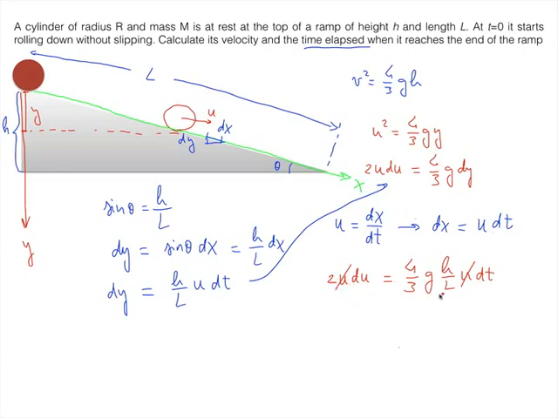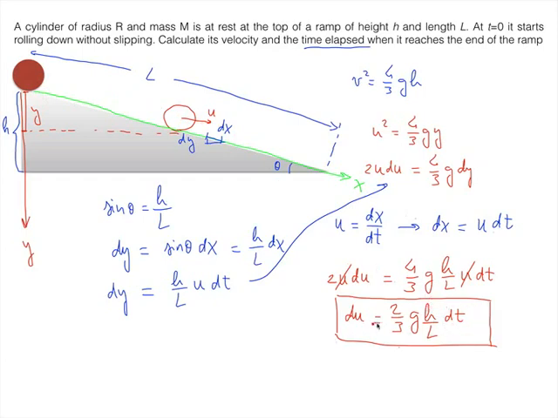So we get differential of u equals 2/3 g times h over L differential of time. Well, this is the equation I wanted to get to that relates the differentials of the velocity at a given instant and the differential of time.